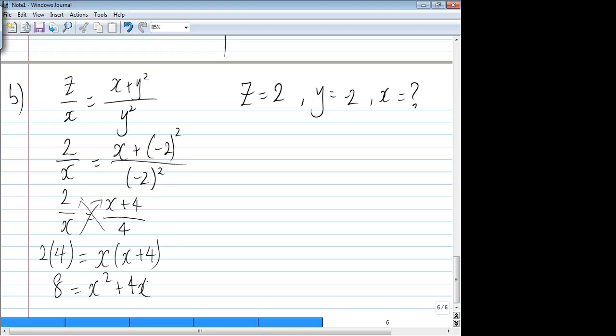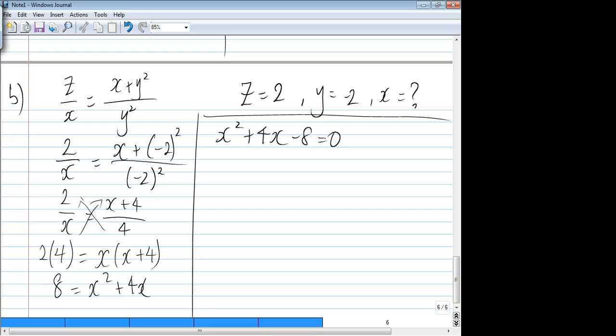This is a quadratic equation because there is an X squared. To solve quadratic equations, there are 3 ways: factorization, completing the square, and the quadratic formula. Before we do any of those, we need to make sure that our equation is in the form aX squared plus bX plus c equals 0, because I like to use the quadratic formula. So X squared plus 4X minus 8 equals 0.